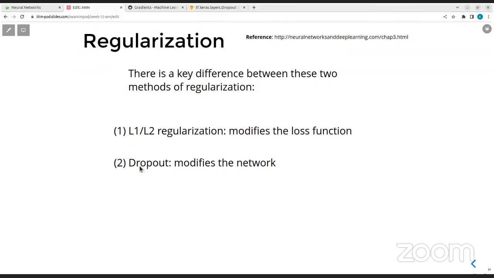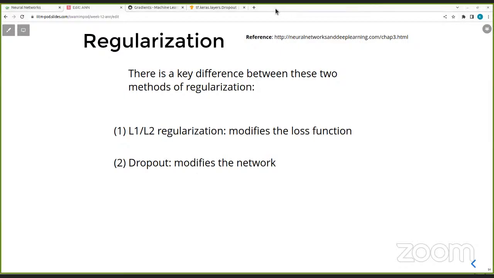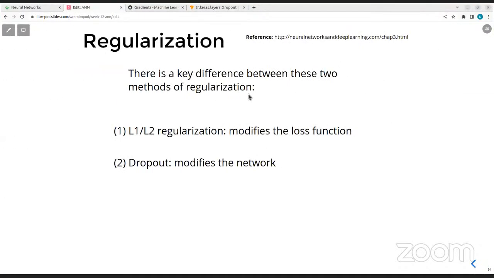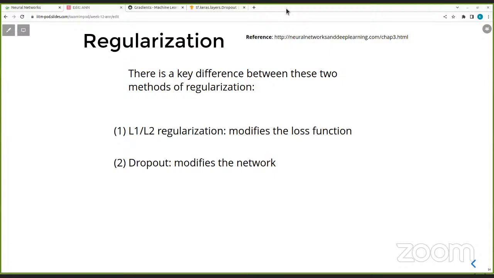The loss remains the same, but you directly modify the network. That is the theoretical part of neural networks.